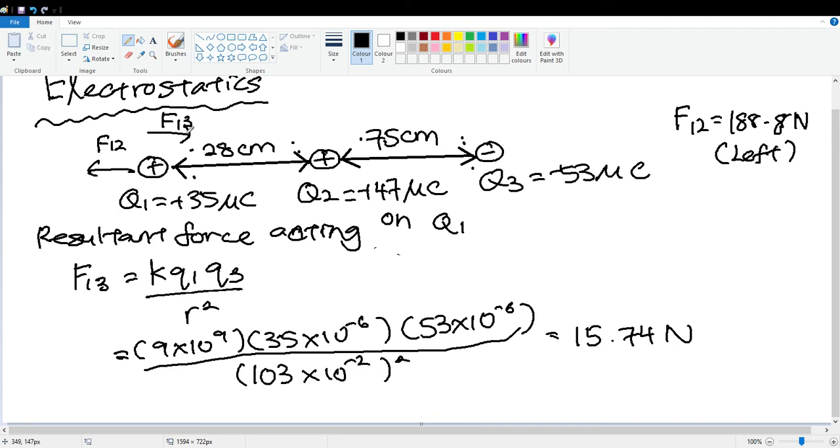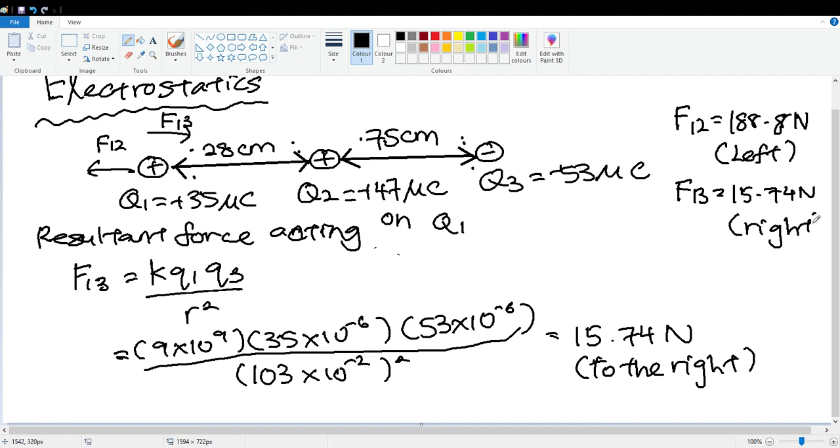So this is F13, and this is to the right. Let me just write it here: 15.74 Newton, to the right. Okay, so we have done for F13.